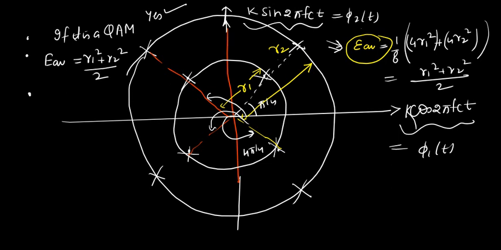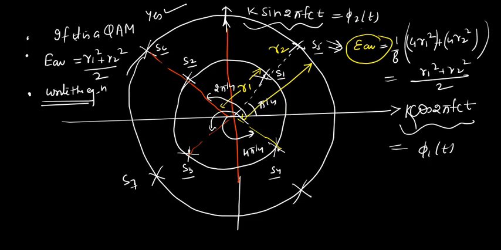Now, I will write the equation of all. If this is S1, this is S2, this is S3, this is S4, this is S5, this is S6, this is S7, this is S8.